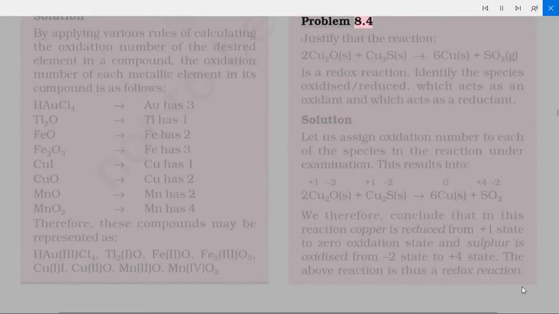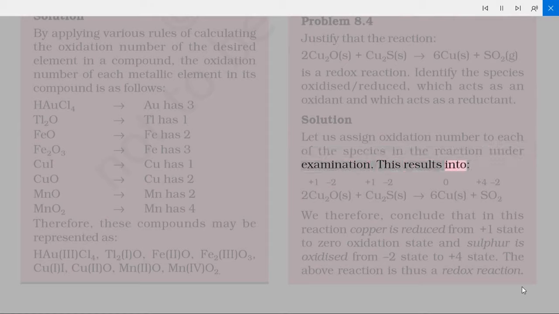Problem 8.4. Justify that the reaction 2Cu2O(s) + Cu2S(s) → 6Cu(s) + SO2(g) is a redox reaction. Identify the species oxidized, reduced, which acts as an oxidant and which acts as a reductant. Solution: let us assign oxidation number to each of the species in the reaction under examination.